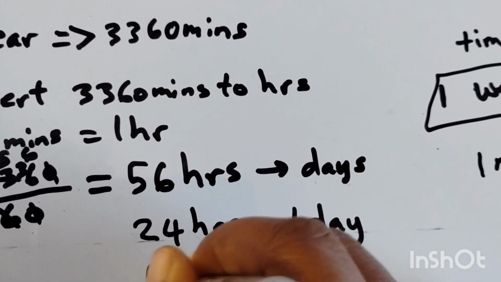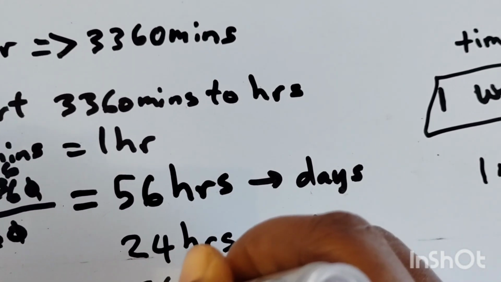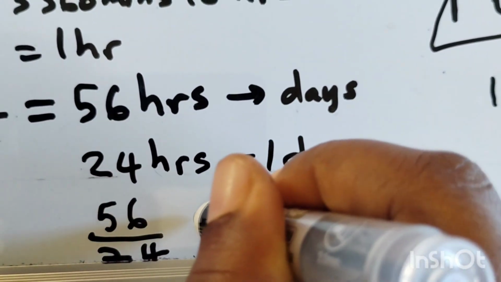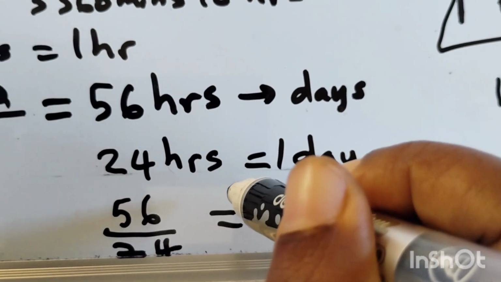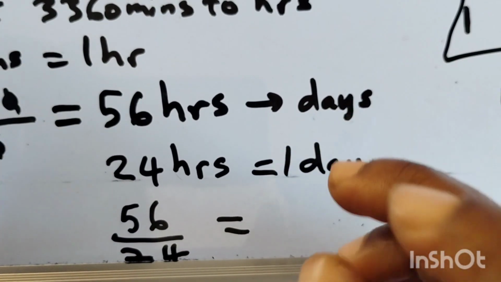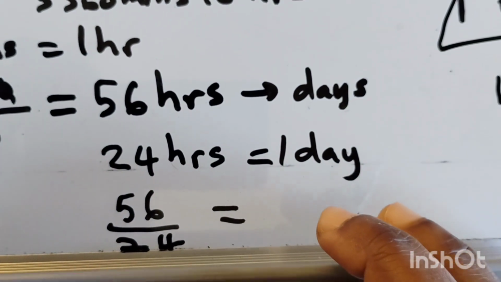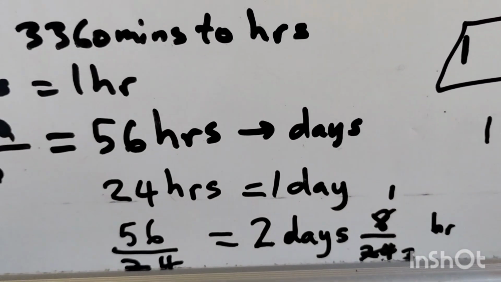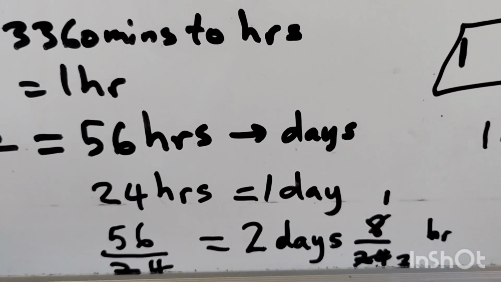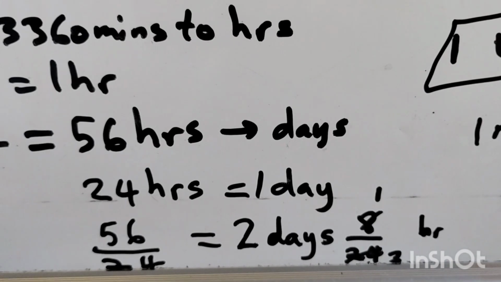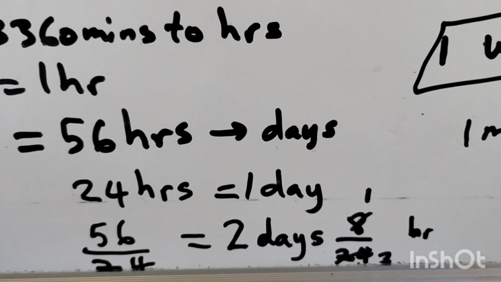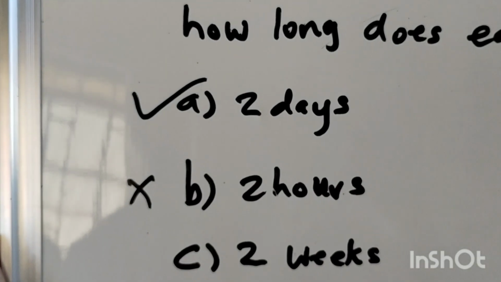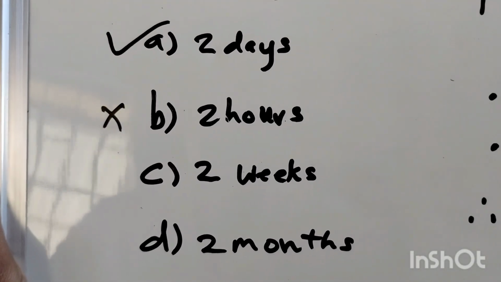24 into 56, we would get 2, because 24 times 2 is 48, right? 48 hours. And when we subtract 48 from 56, we would be left with 8. So we would get 2 days and 8 over 24 hours. And this can be further reduced to 1 over 3. So it is 2 days and 1/3 hour.